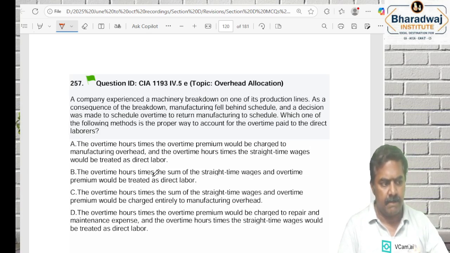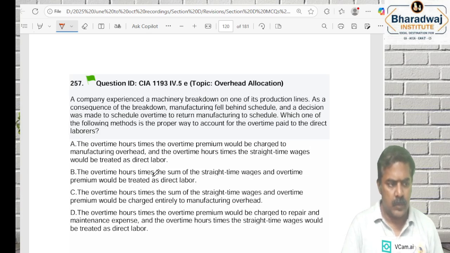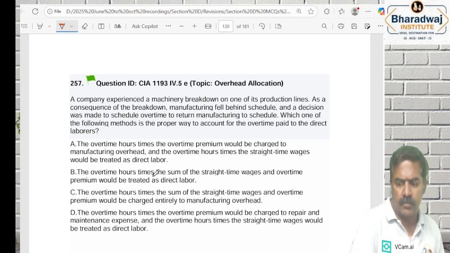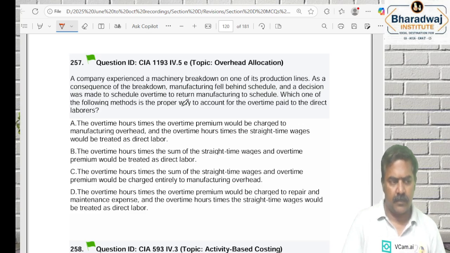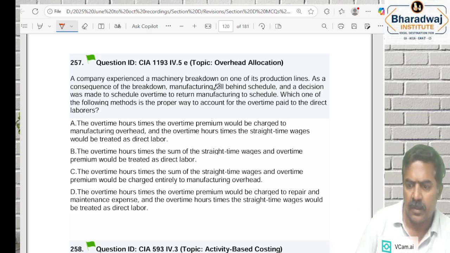As a consequence of the breakdown, manufacturing fell behind schedule. A decision was made to schedule overtime to return manufacturing to schedule. Which one of the following methods is the most appropriate way of accounting for the overtime paid?